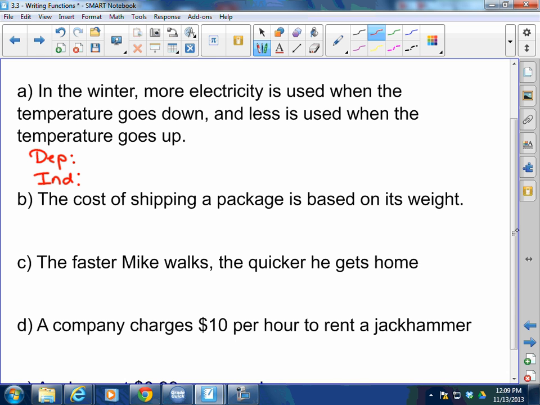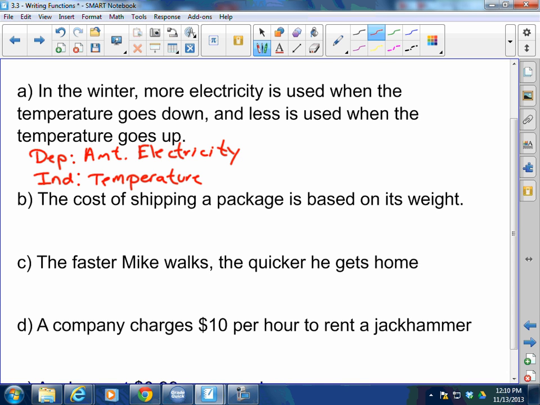The amount of electricity used is dependent. And what is it dependent on? Yes, temperature, which is independent. Guys, the weather outside doesn't depend on your bill, does it? Your bill depends on the weather, right? Does that make sense?